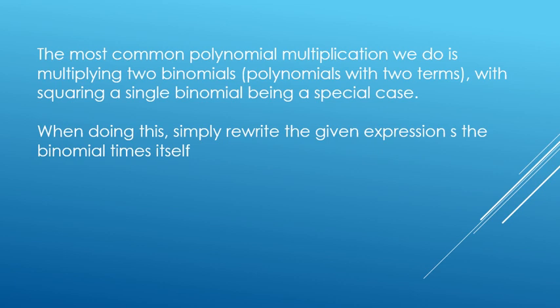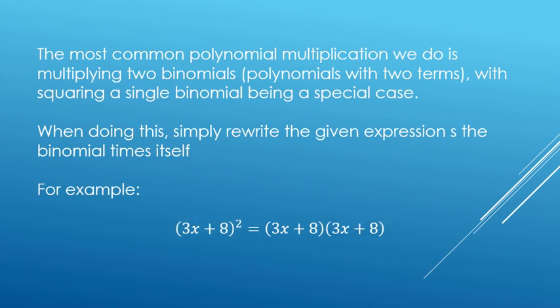If you see something like that, just take the given factor there and multiply it by itself. So for example, if I have 3x plus 8 raised to the power of 2, I can just rewrite that as 3x plus 8 times 3x plus 8. And now we go through our typical FOILing process.